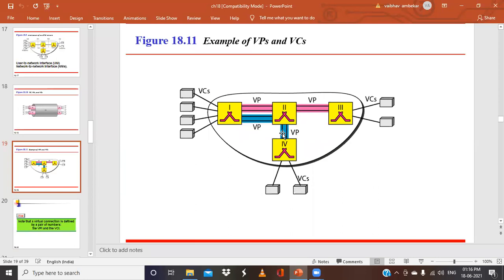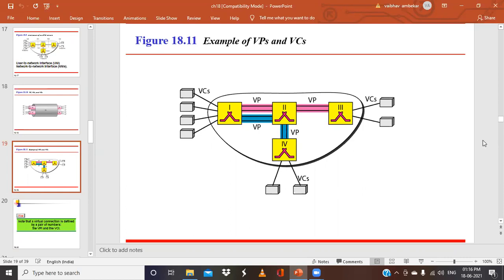There can be n number of paths available, but it has to consider one particular path, because this is connection oriented or connectionless? Connection oriented. So when connection oriented, the cells have to follow the same path. So how does it identify which path we have?